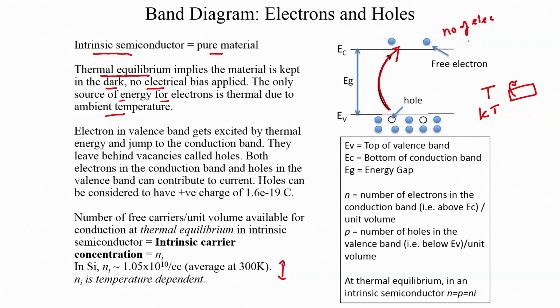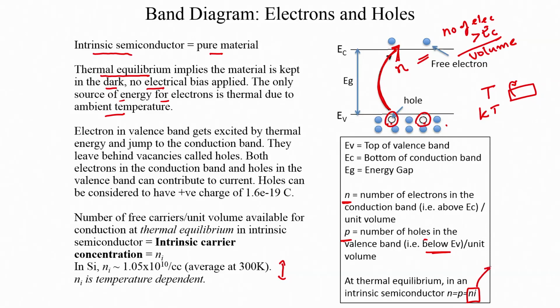And this concentration of electrons in the conduction band states, which is basically the number of electrons above EC per unit volume of the material, is given the symbol N. And the number of holes in the valence band per unit volume, that is the number of holes below EV per unit volume, or the number of vacancies, is given the symbol P. Now in an intrinsic material at thermal equilibrium, there is a certain value for N, and that value is given a special symbol.